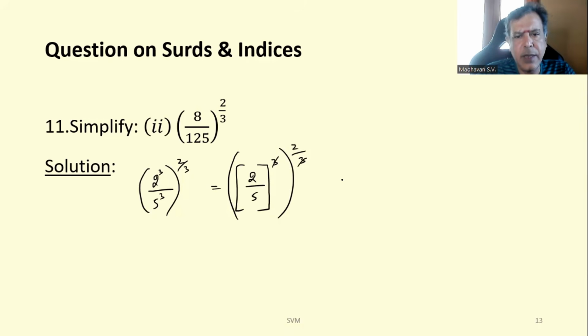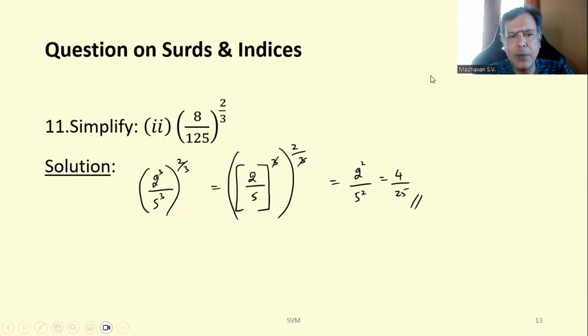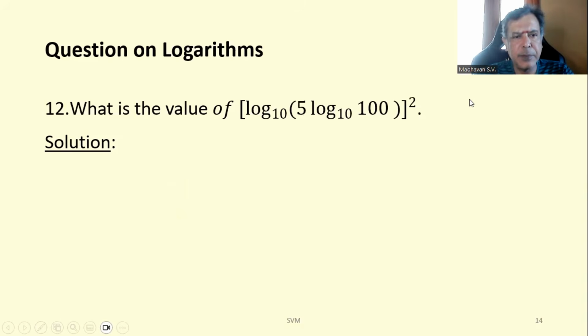So this 3 and this 3 get cancelled. 2 square now divided by 5 square, which will be 4 by 25. So this is the solution for this problem. Let us move on to the next.